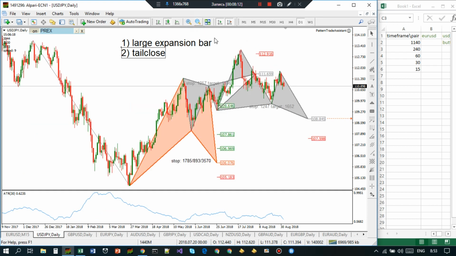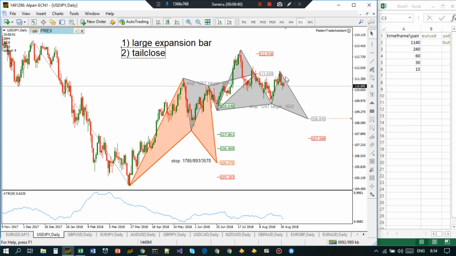Okay, by the way, this warning sign should appear within the C to D leg. So what I see is the tail close warning sign here. So this is the good sign for continuation lower. The warning sign is stronger if it is closer to the entry point, if it is closer to potential entry.